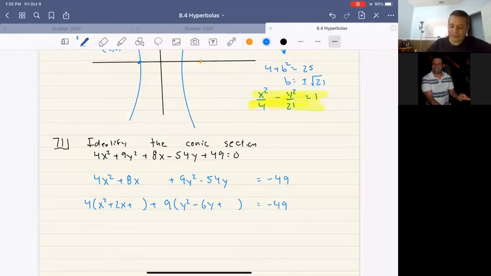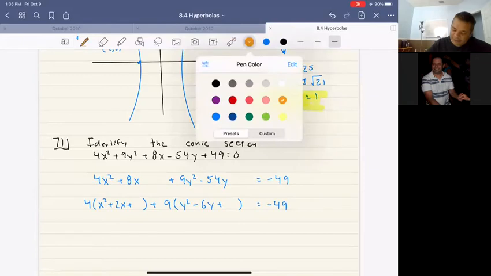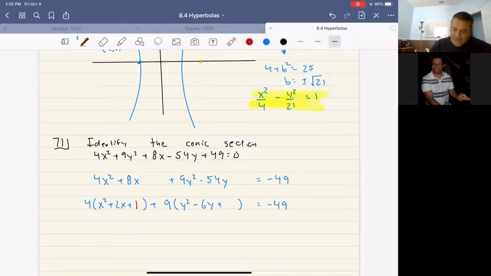Now to complete the square here, I'm going to have to add 1. So let's add 1. Now if I'm adding 1 here, what do I have to add over here? I know at least some of you said 1, but it's actually 4, because you're adding 4 times 1.